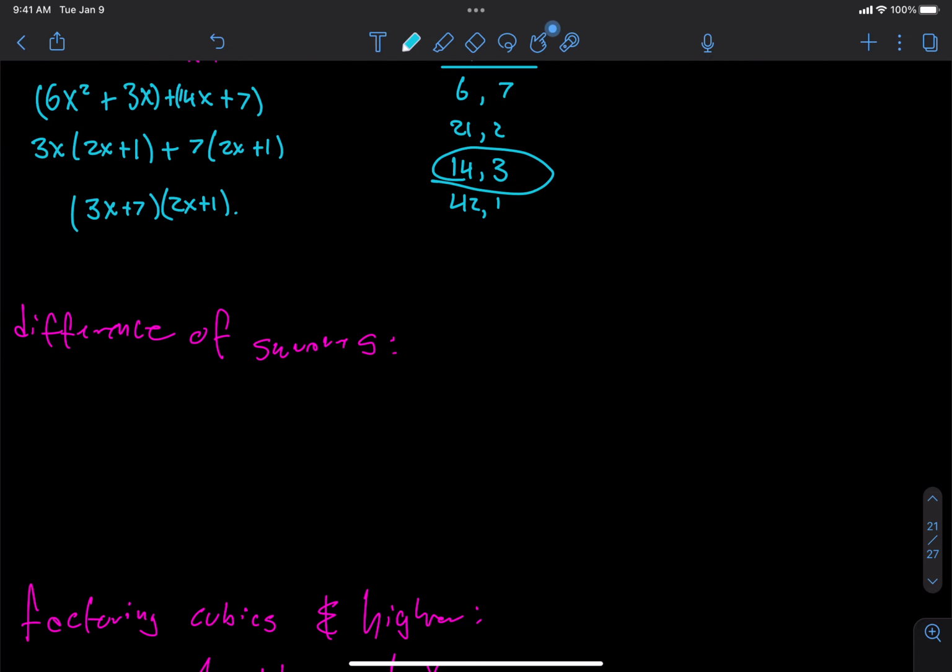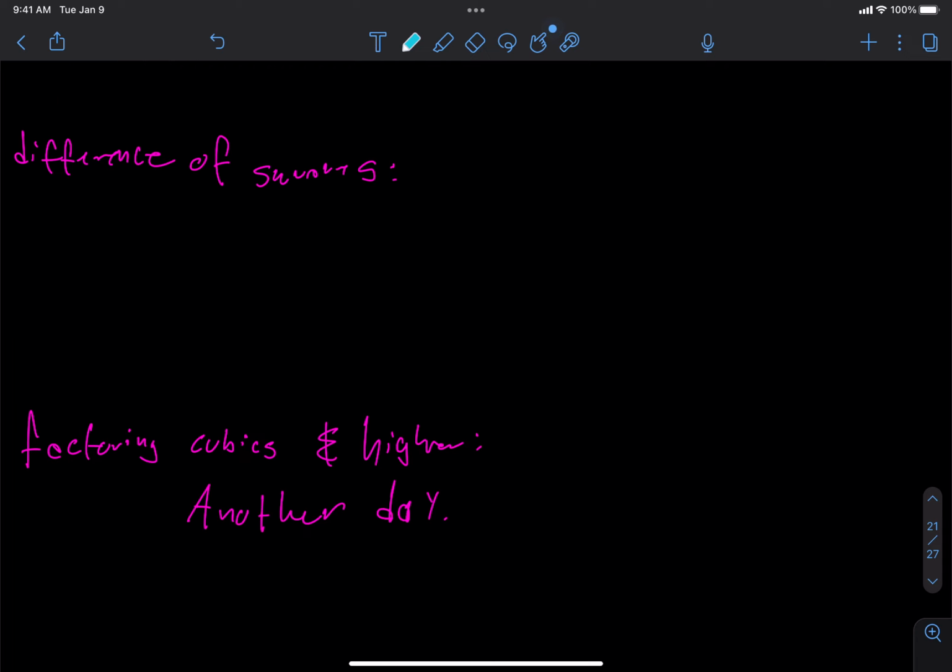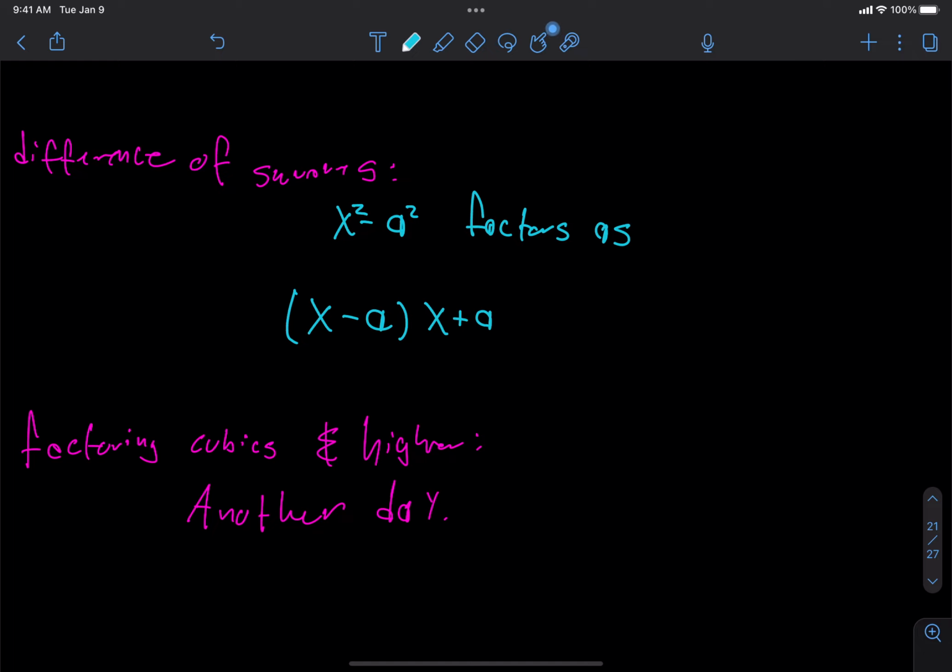Okay, so let's talk next about a difference of squares. So this is a special case, x squared minus a squared factors as x minus a times x plus a. Okay, why is that true?